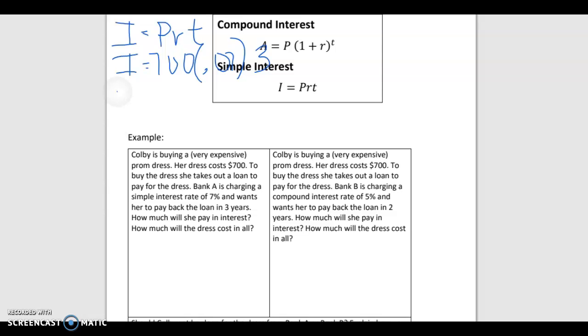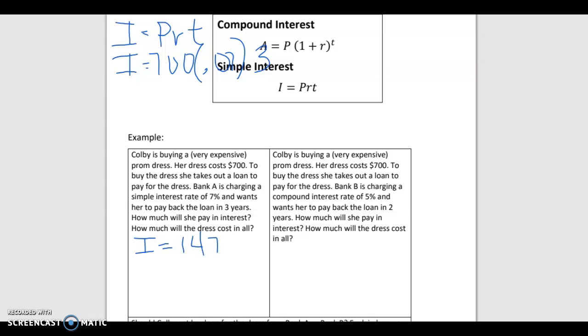And I get I equals 147. And I'm writing it down here at the bottom. So my I equals 147 because it goes with my problem.